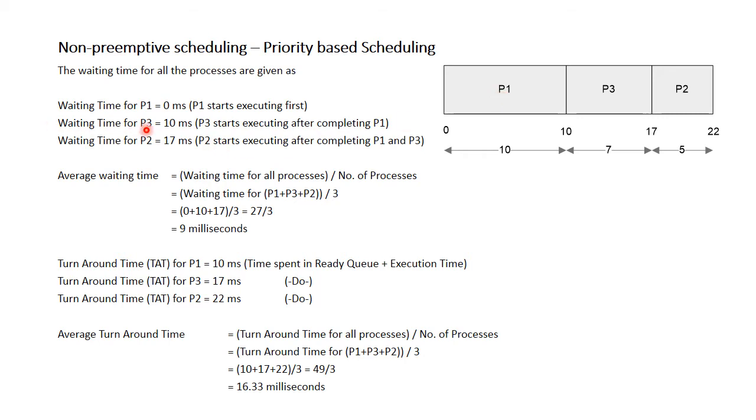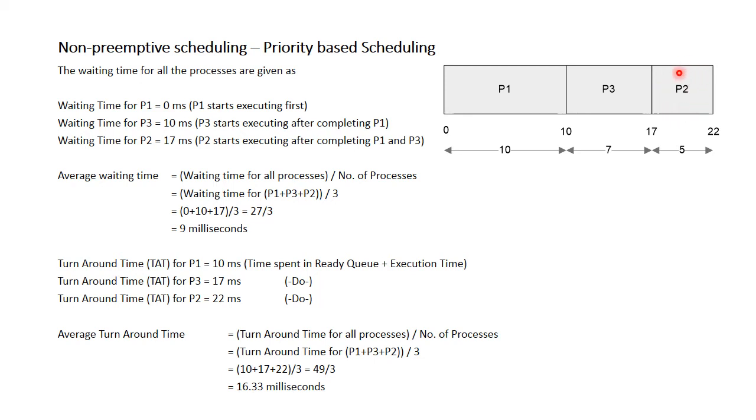Waiting time for P3 will be 10 milliseconds, because P3 is executed only after completion of P1, and the execution time of P1 is 10 milliseconds. So this 10 milliseconds becomes the waiting time for P3. Waiting time for P2 is 17 milliseconds, right? P2 is the third process in the ready queue.